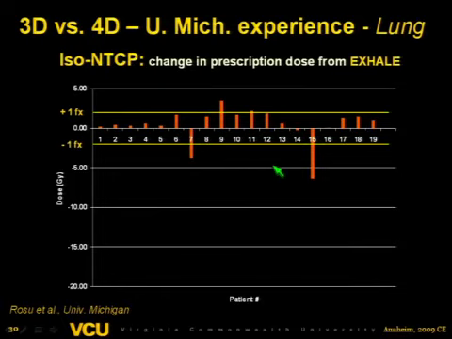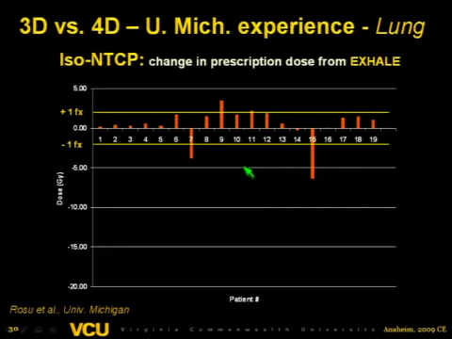So I'm going back to the same study performed at the University of Michigan. As I have indicated a few minutes ago, there was a full 4D dose calculation that was performed, and then there was the static dose calculation from the exhale dataset.